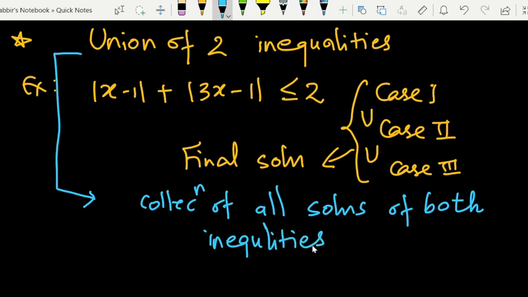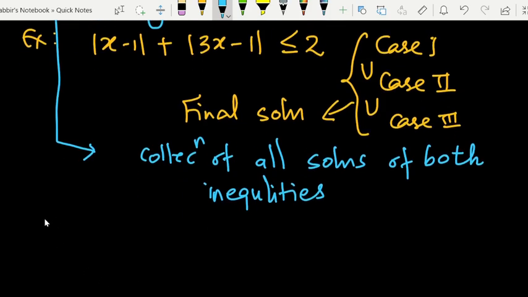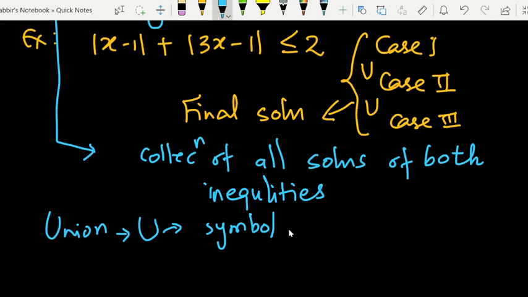Okay, so we have seen intersection; union is denoted by the symbol U. U is used as a method of taking union of two or more inequalities, and it is also used as a symbol, as a connector, in representing inequality in interval form.